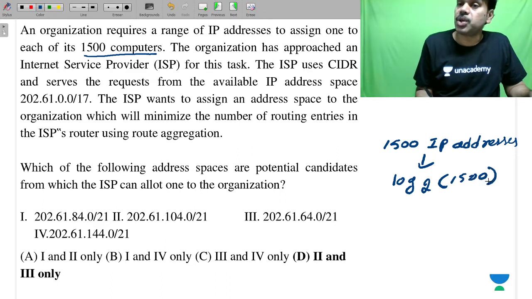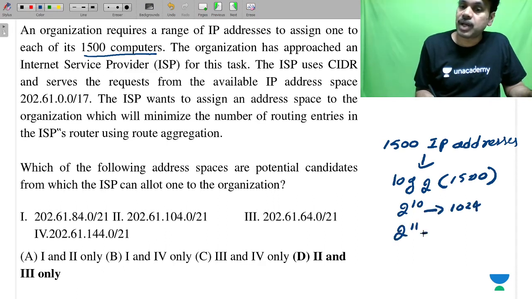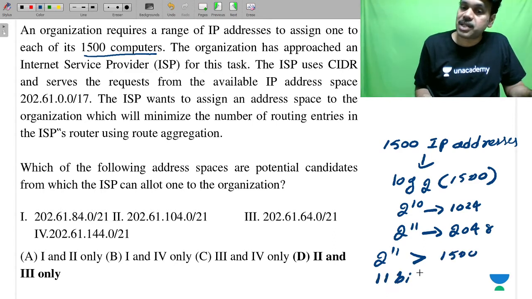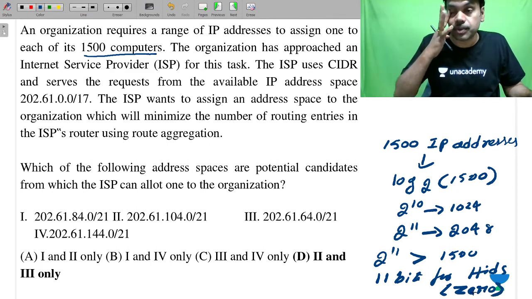Then you will come to know how many zeros are required. 2 power 10 means 1024. 2 power 11 means 2048, which means we want to take 2 power 11, greater than 1500, which means 11 bits for HID, zeros. 11 bits for HID, which are nothing but zeros.